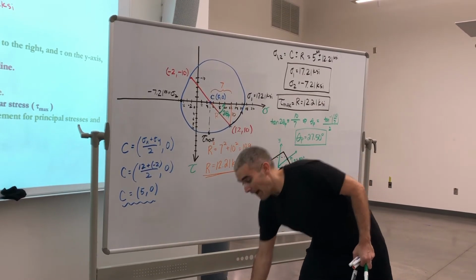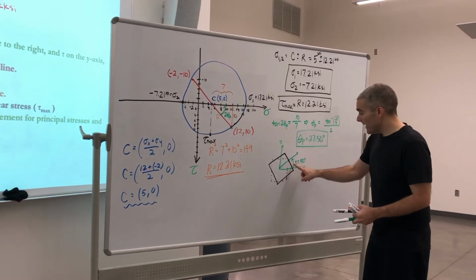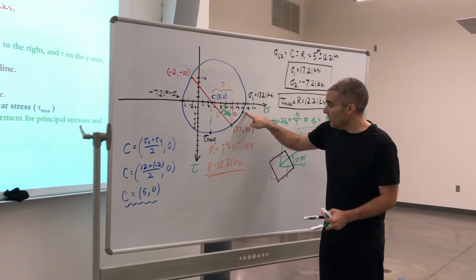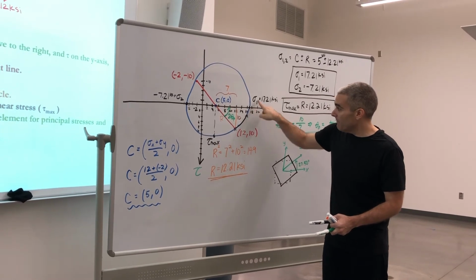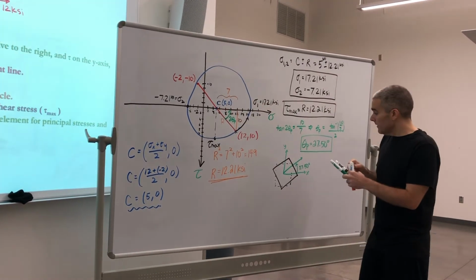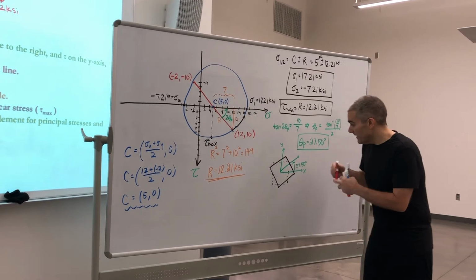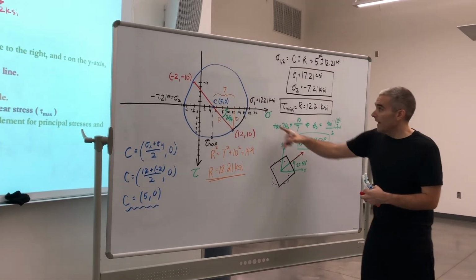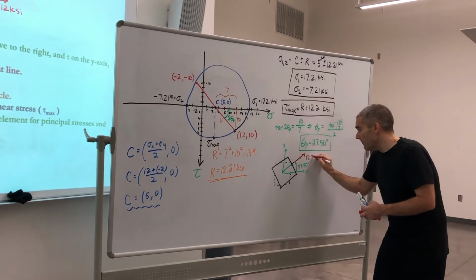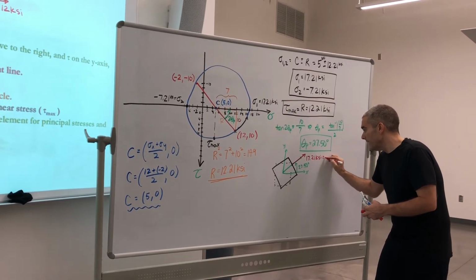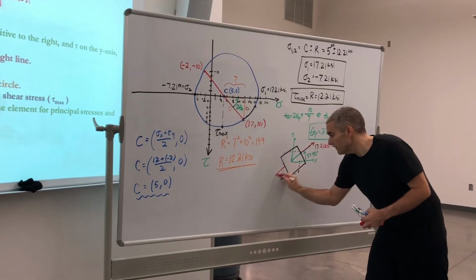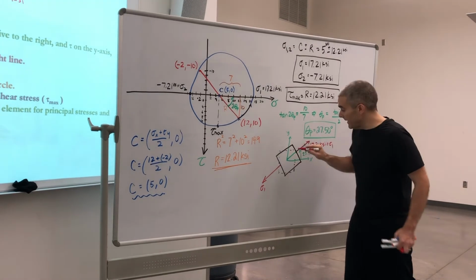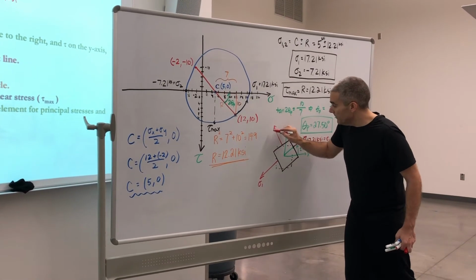Now, what are the magnitudes of those? Well, we said that on our circle, we go from this point, when we go counterclockwise, that brings us to sigma 1. So that means that sigma 1 is in this direction, has a magnitude of 7.21 KSI. And then that means on the other plane, we have sigma 2.